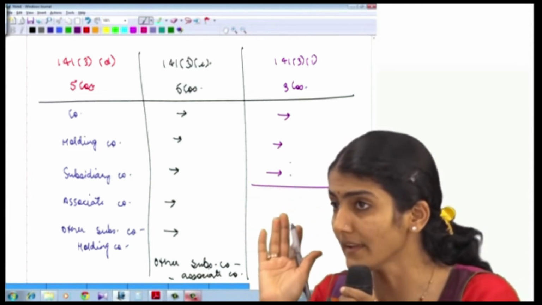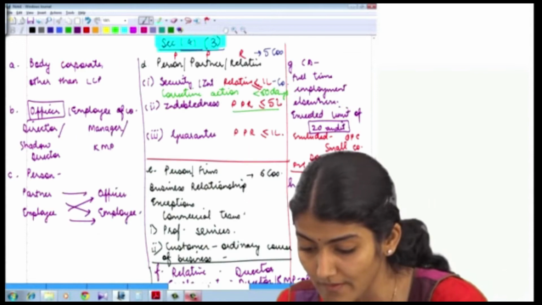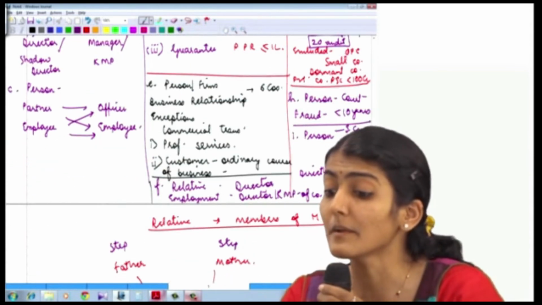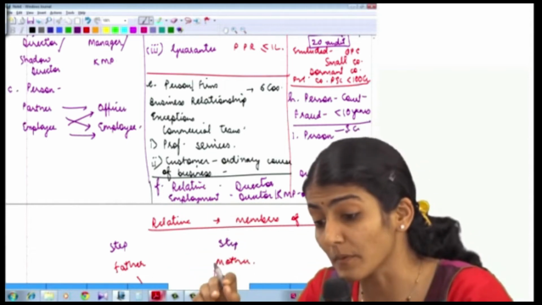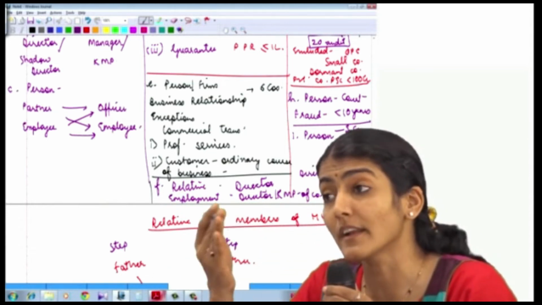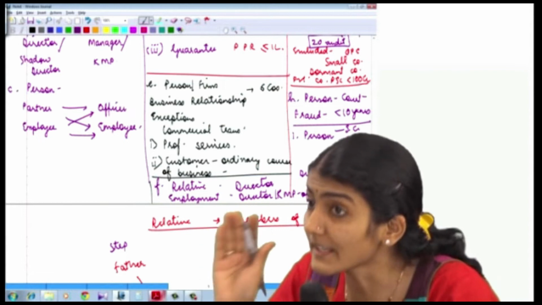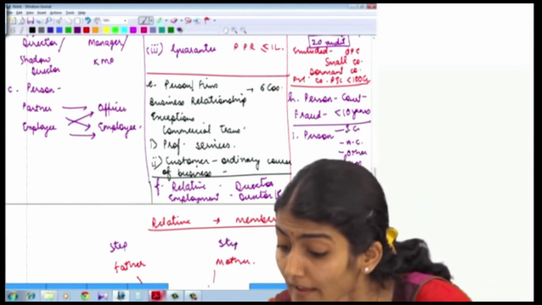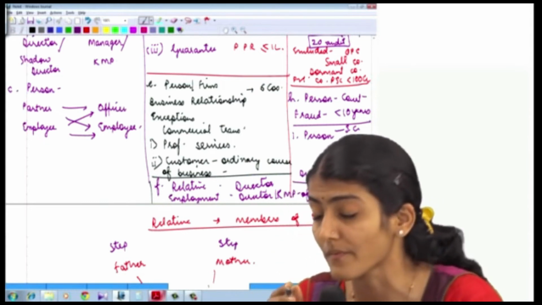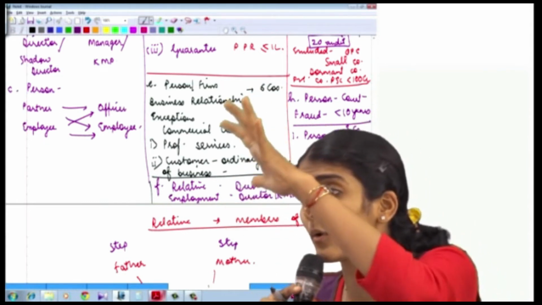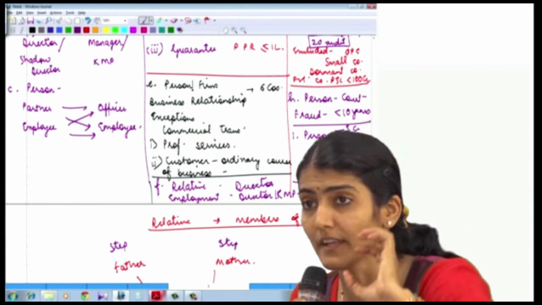Company, holding company and subsidiary company. What does it say? A person neither by himself nor through his subsidiary or his associate provide directly or indirectly consulting specialized services as mentioned under section 144 of the Companies Act 2013 to company, holding company and subsidiary company.